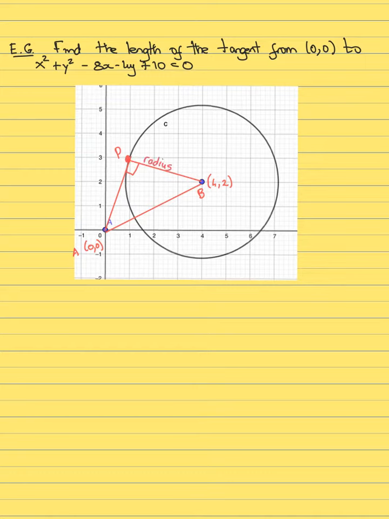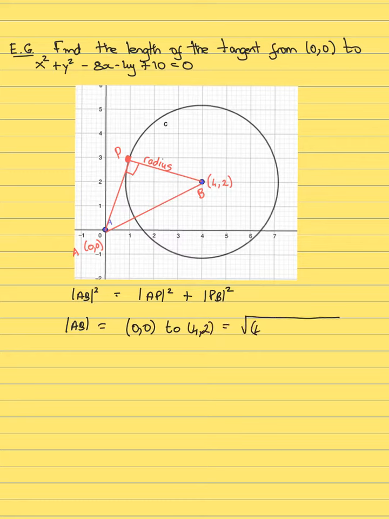So from trigonometry we know that the distance from A to B squared, which is the hypotenuse, is equal to the distance from AP squared plus the distance from P to B squared. Now AB is the distance from 0, 0 to 4, 2, and we can just use our coordinate geometry to find that.